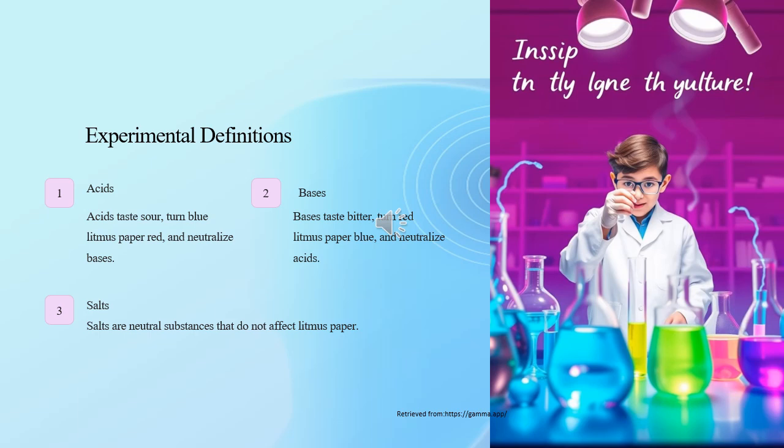As for salts, salts are neutral substances and don't affect litmus paper. These experimental definitions rely on observable laboratory reactions, making it easier to identify acids, bases, and salts by their distinct reactions.